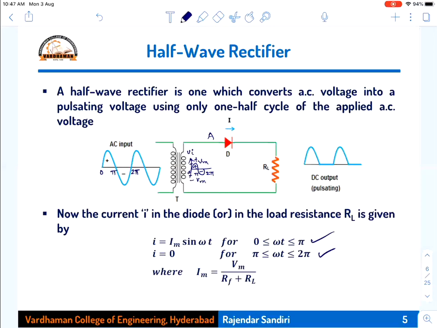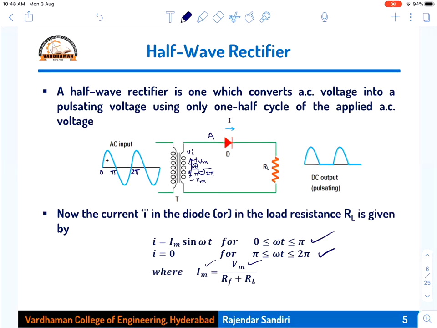Now we have to calculate Im in terms of Vm by using Ohm's law, where Im is equal to Vm divided by resistance. The peak voltage is Vm and the peak current is Im. Because the diode is short circuit, what is the equivalent resistance?